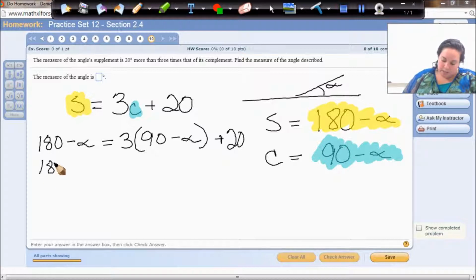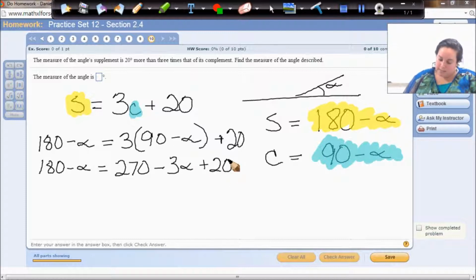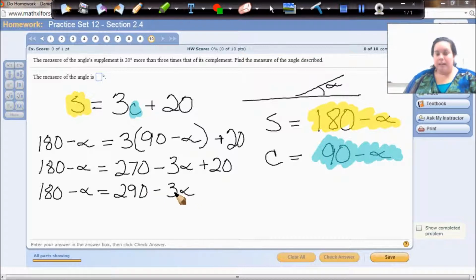We can solve an equation that only has 1 variable. We'll simplify both sides separately. Okay, so this is 270, make sure to distribute, minus 3 alpha, plus 20. We can still simplify. We have some like terms. 180 minus alpha equals, this would be 290 minus 3 alpha. Okay, and the addition property tells us we can add 3 alpha to both sides. So 180 plus 2 alpha equals 290.